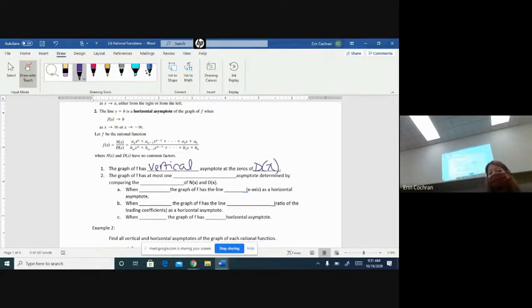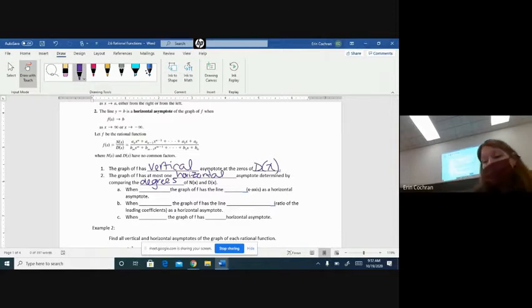The graph of f has at most one horizontal asymptote, determined by comparing the degrees of n of x and d of x. What's my degrees again? The highest exponent, right?